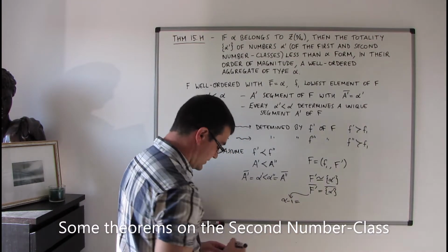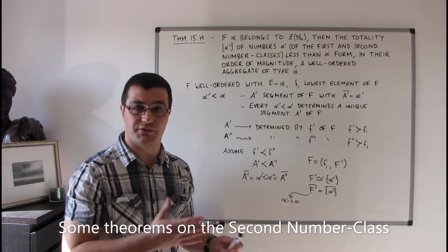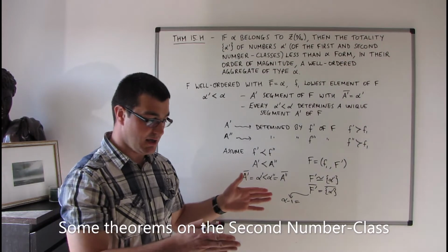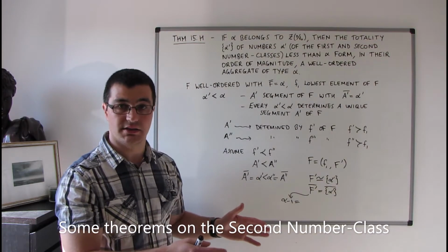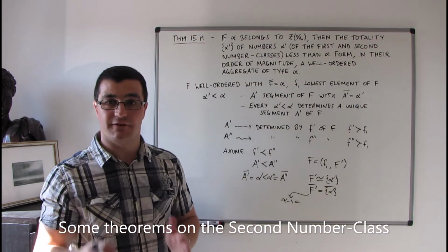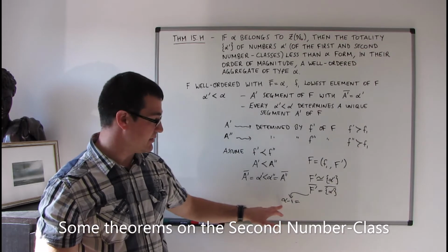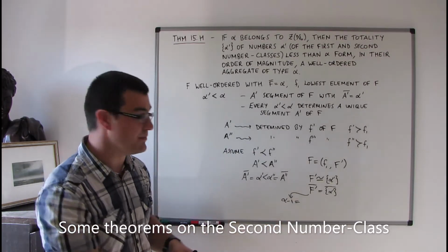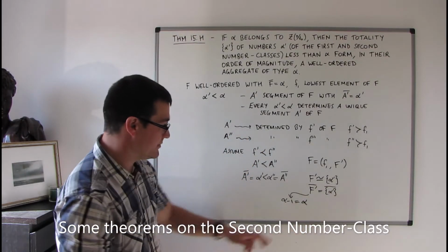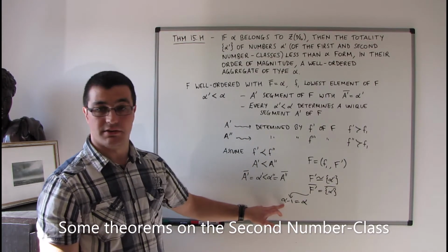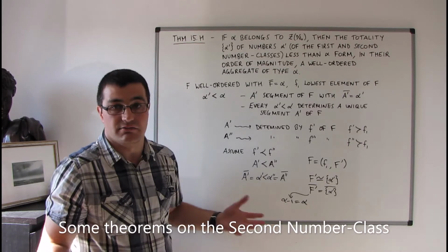But now think about the theorems that we proved a few minutes ago. If I've got a number of the second number class, and I subtract from that a finite number, then I just get the number from the second number class. In other words, subtracting a finite number from a number that's in the second number class doesn't really make any difference.